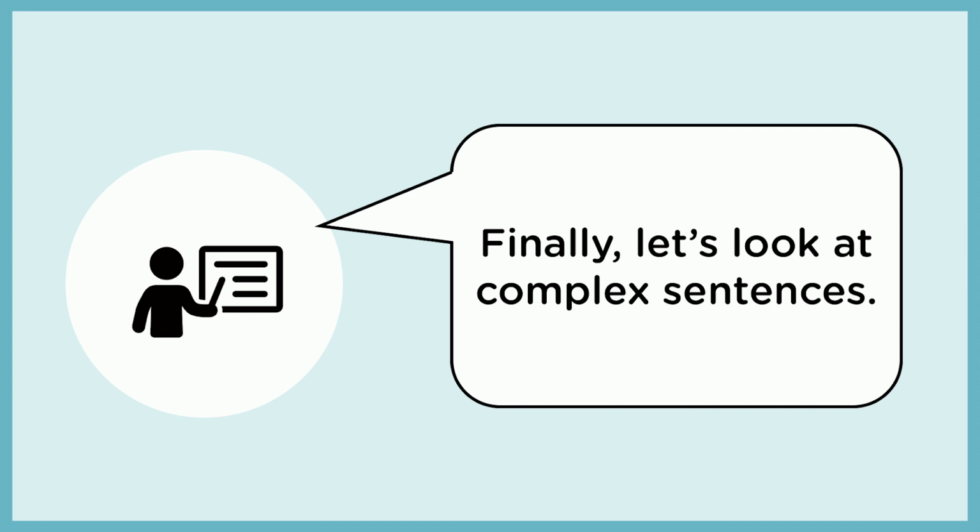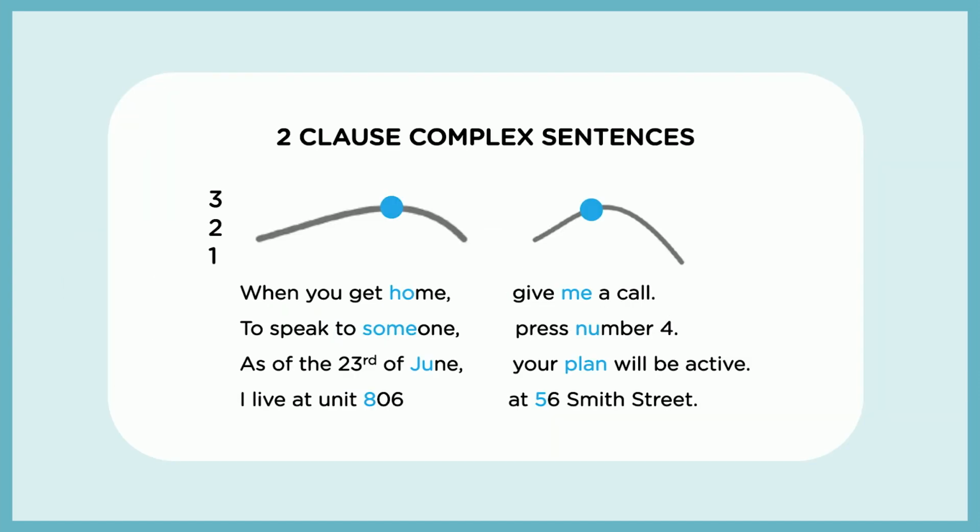Okay, finally, last little bit. Come on. We're going to look at complex sentences. Cool. So this is really handy if you're doing a read aloud task and it's a paragraph, for example, and the sentences may be complex with clauses in them. So if the sentence has 2 clauses, this is the pattern you follow. Have a listen.